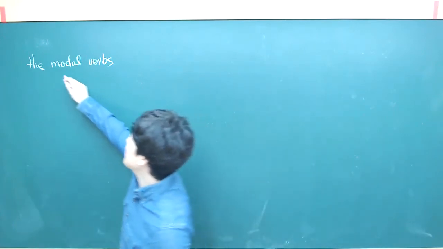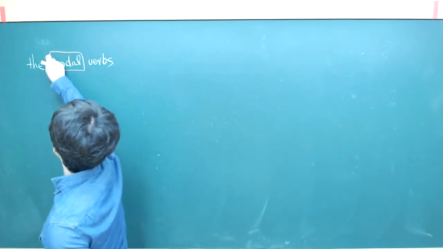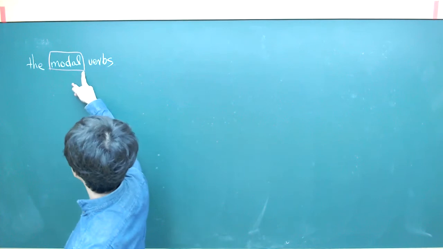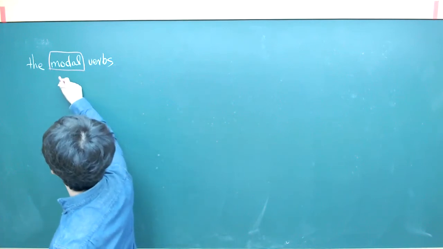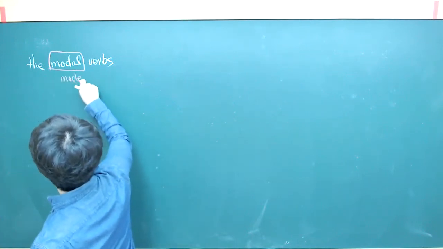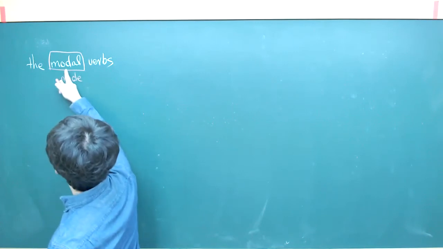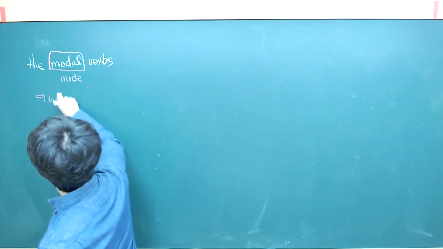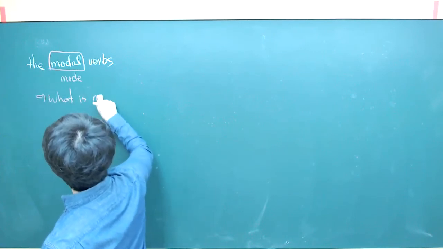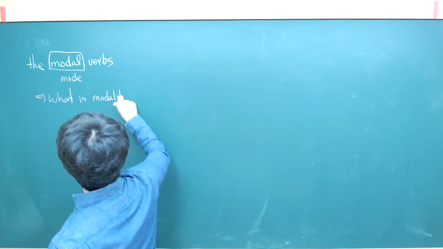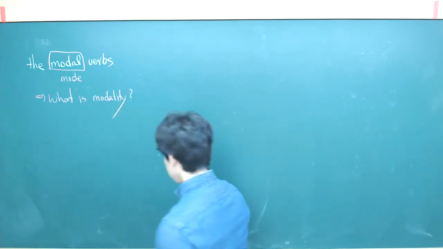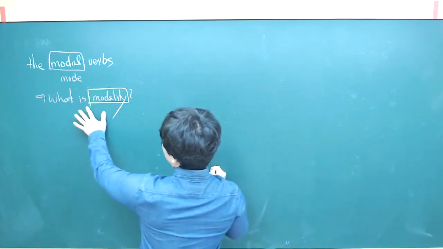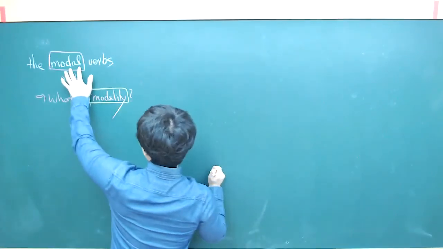In order to find out what it is, we have to figure out in the first place what is modal. It is the adjective form of mode. Adjective form of mode. So modal verbs. Then we have to find out what is modality. Modality is the abstract concept of modal.